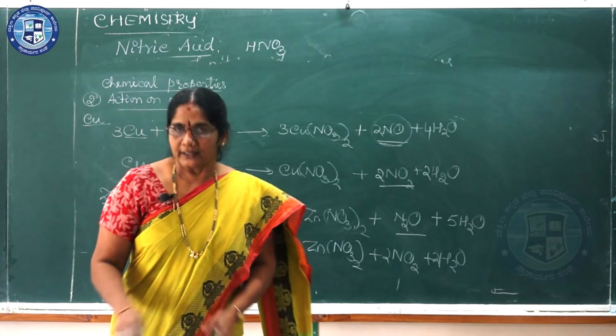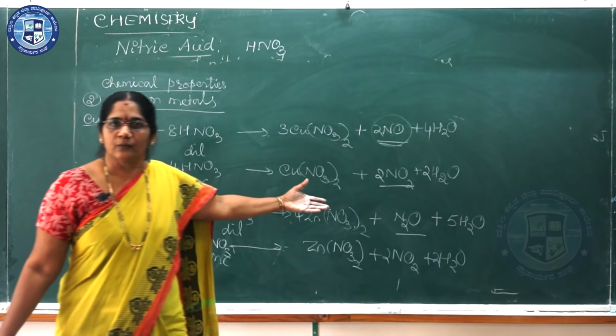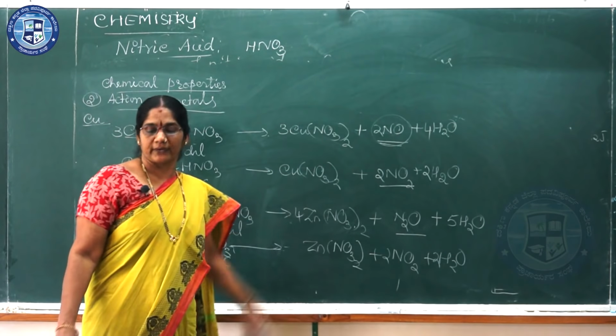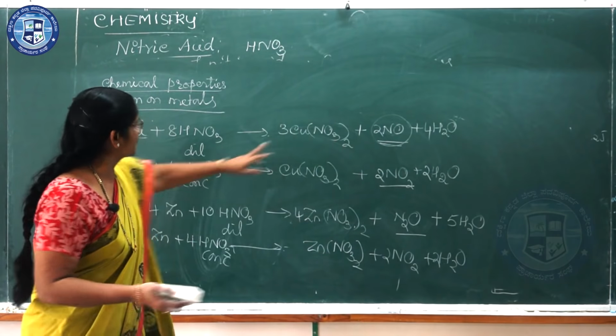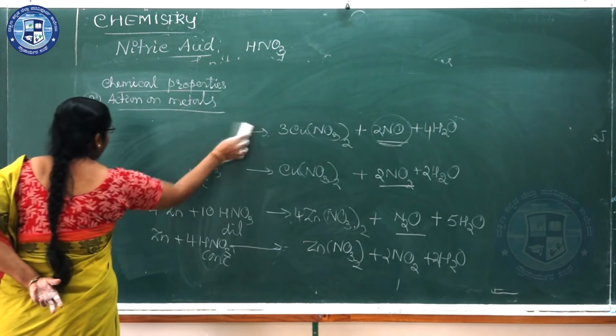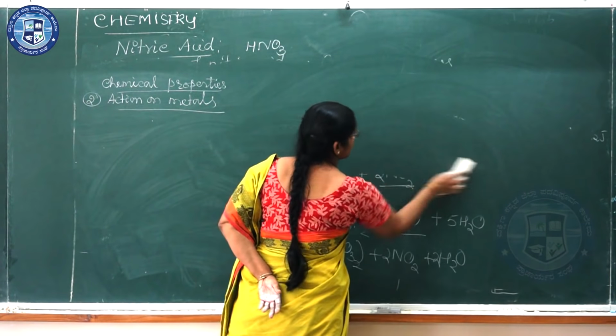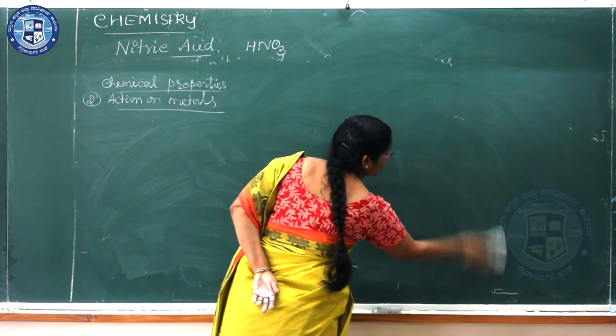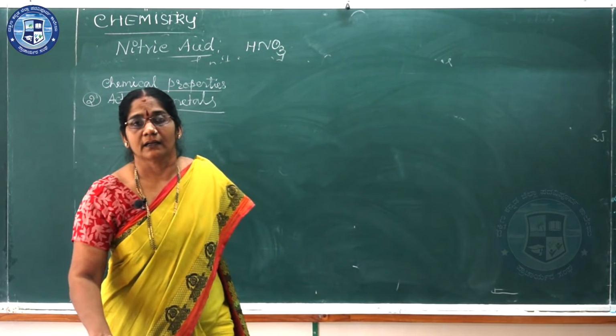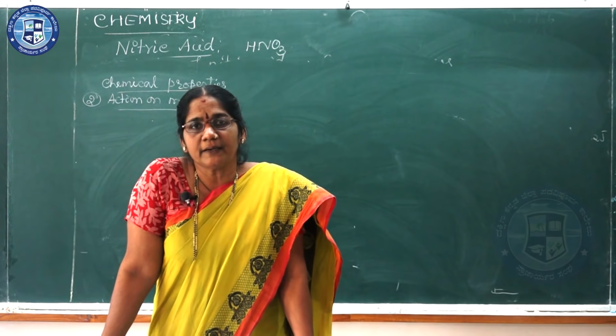This is how these two metals react with nitric acid in two different conditions, and the products you can see are different. Now nitric acid doesn't oxidize or react with noble metals like gold, platinum, etc.